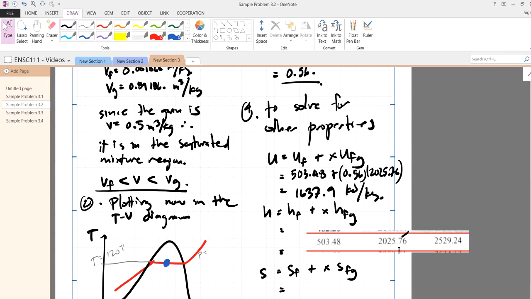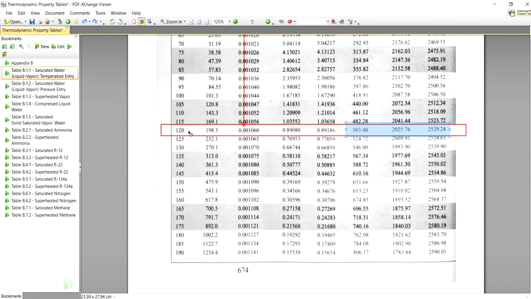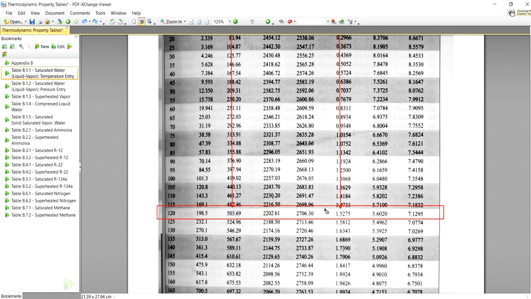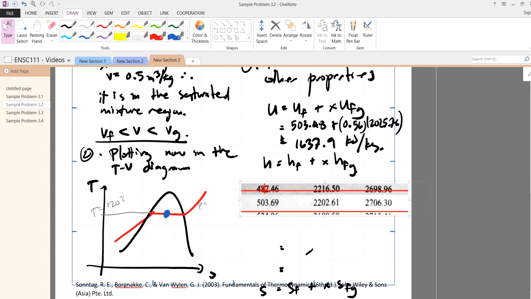And for h, we still do the same thing. We just have to find here the values of hf at 120.